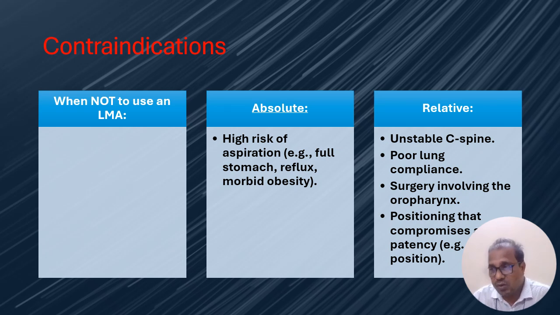In case of poor lung compliance, we will not use the LMA because we cannot assess the performance of the LMA or whether the ventilation is adequate or not. If any surgery is in the oropharynx, pharynx, or the mouth cavity, we will not use the LMA.